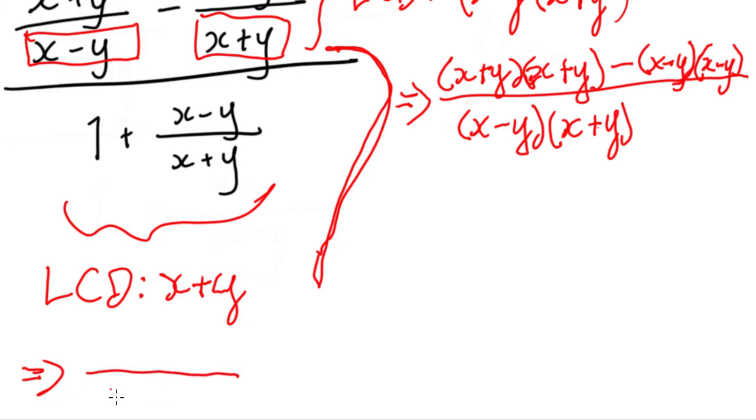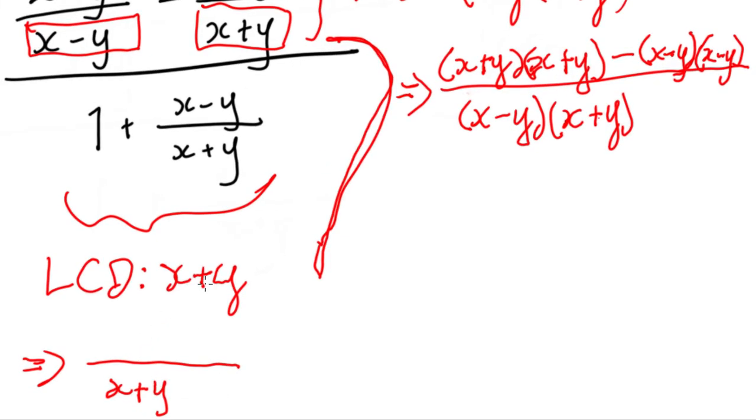So this is our denominator then. What we have is x plus y, and then this will be x plus y also. x plus y over x plus y will give us 1, and then we'll copy the plus sign, and then we'll have this x minus y. From here, as you can see, we can simplify things a bit. Canceling these y's will make the job easier, since we have plus y minus y.